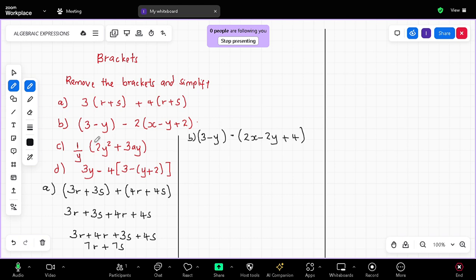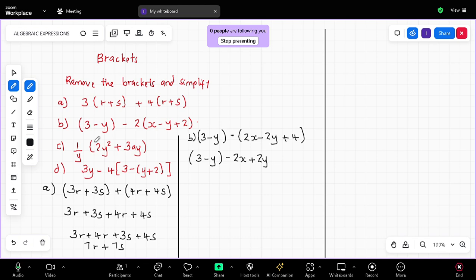Now when you open the bracket, the negative sign before the bracket is going to affect whatever is inside the bracket. So the first bracket we have 3 minus y, then negative times 2x is minus 2x. Negative by negative is a positive 2y.